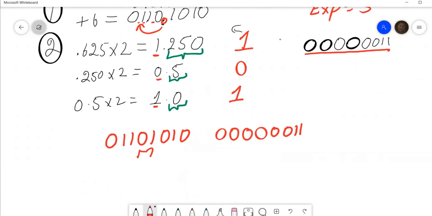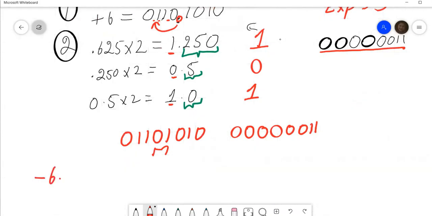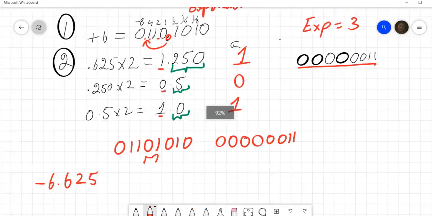Now let's do another example. If I want to convert minus 6.625, so this is also not difficult.